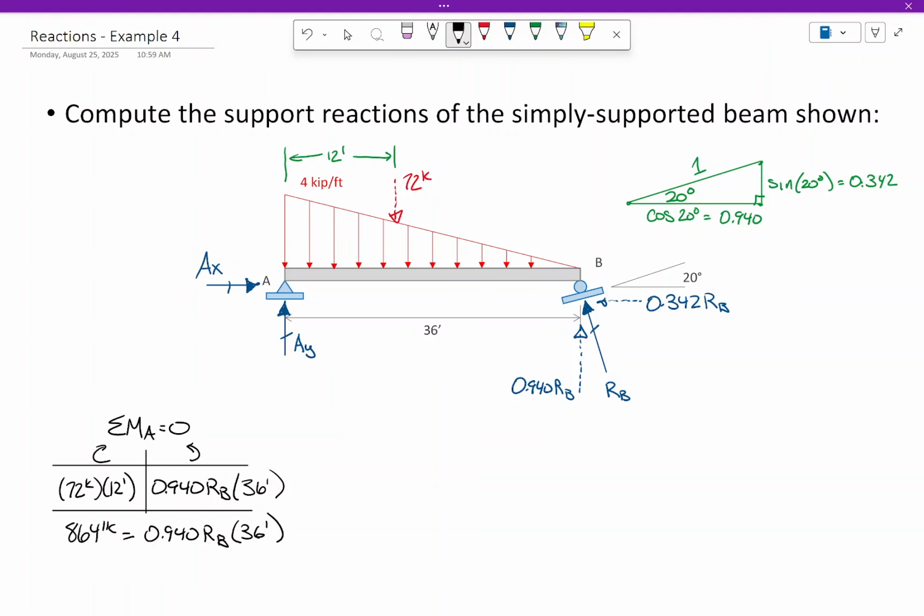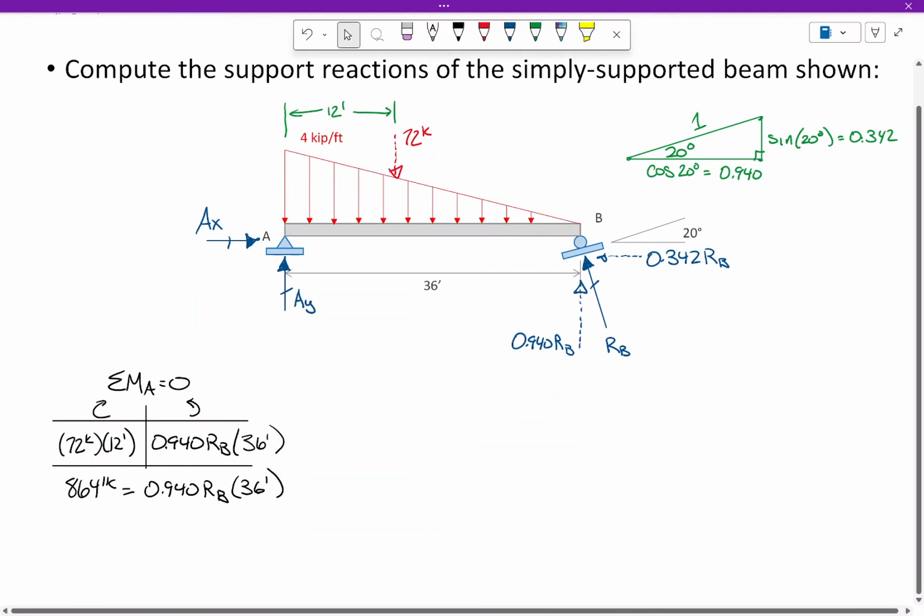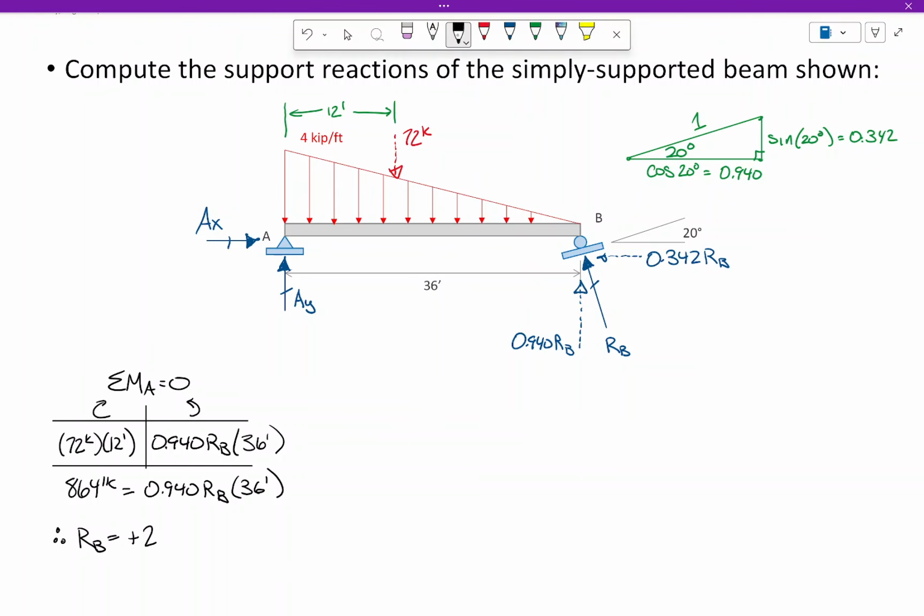So to solve for RB, I'm going to divide 864 by 36, but I'm also going to divide it by 0.94. So what do I get for RB? 25.53. Now I got a positive value. That means my assumption was correct.